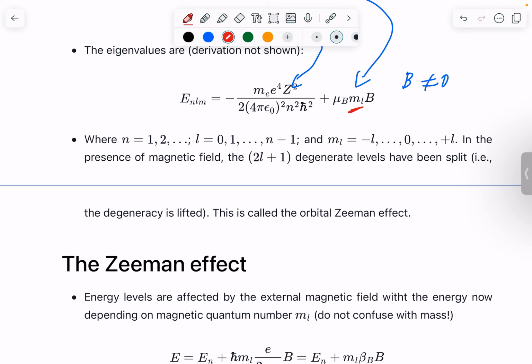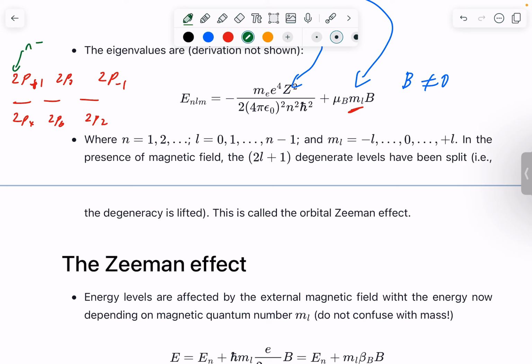Let's pause a little bit and see what's going to happen to the 2p orbitals: 2px, 2py, 2pz, or in physicist notation, 2p minus 1, 2p0, 2p plus 1. In the absence of magnetic fields, we discovered there's a huge degeneracy; only n determines the energies.